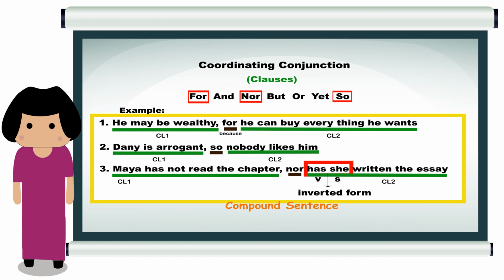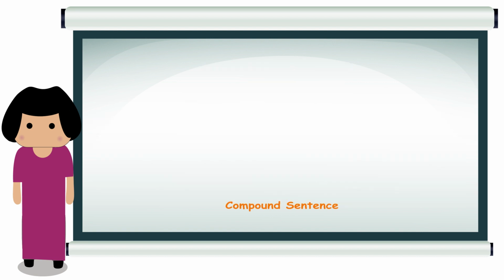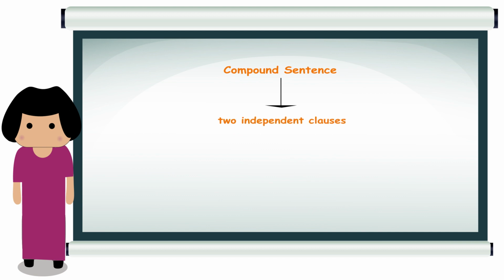Or what is a compound sentence? A compound sentence is a sentence that consists of two independent clauses. Or we can say that a compound sentence is the combination of two simple sentences.